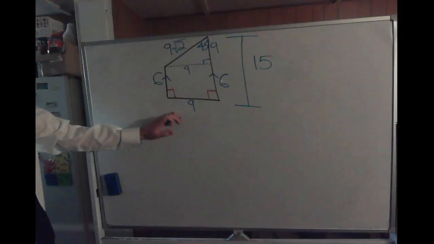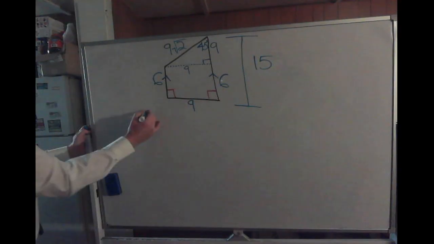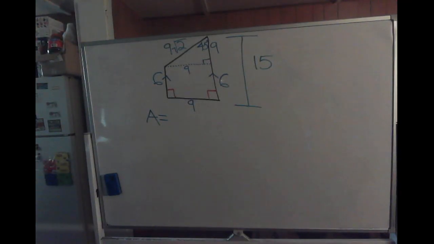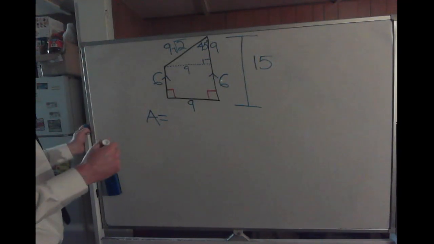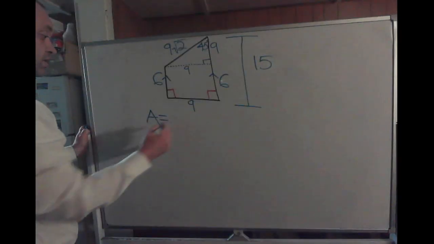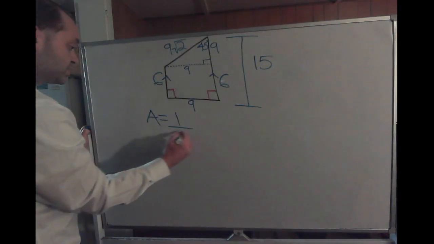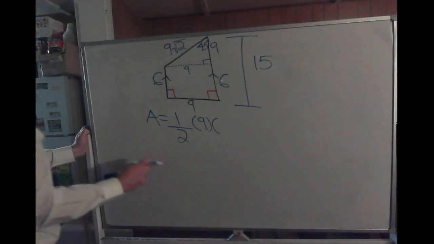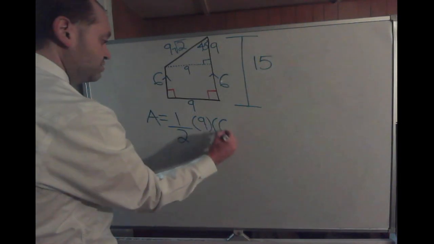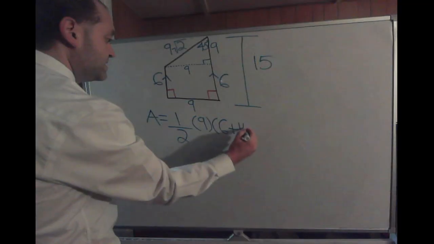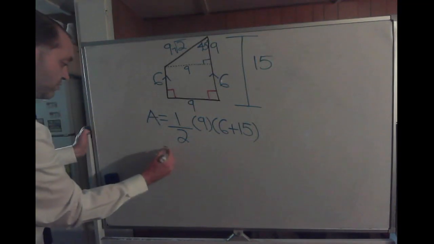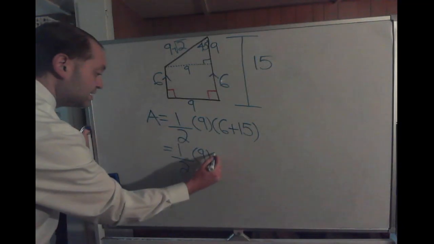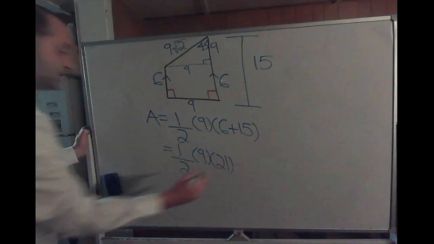So now we know the length of both bases and the height. We can go ahead and proceed to find the area. Okay, so the area, of course, is 1/2 your height, which is half of 9, times the sum of your 2 bases, which would be 6 plus 15, which of course would give you half of 9 times 21. You're going to get a decimal answer.